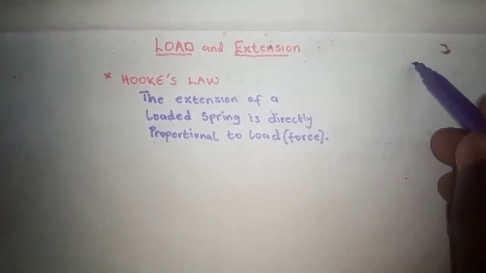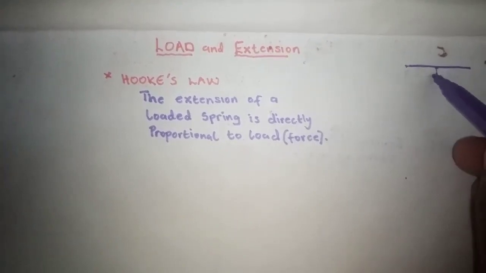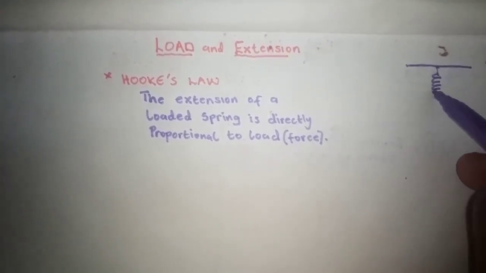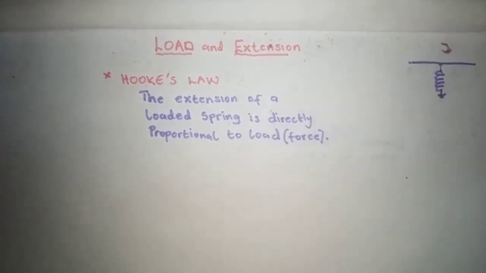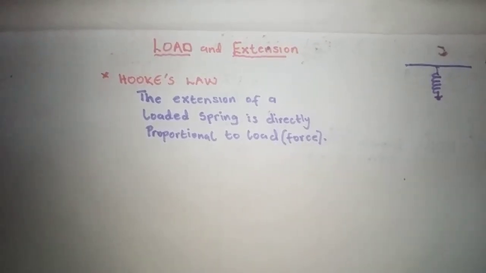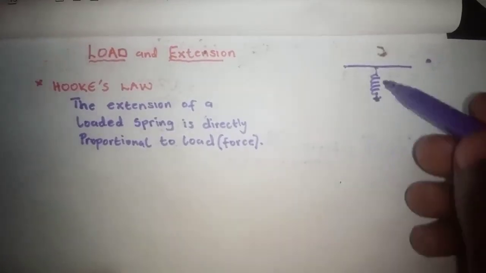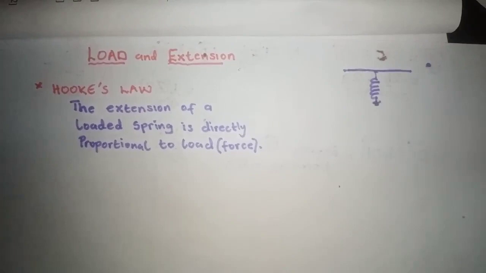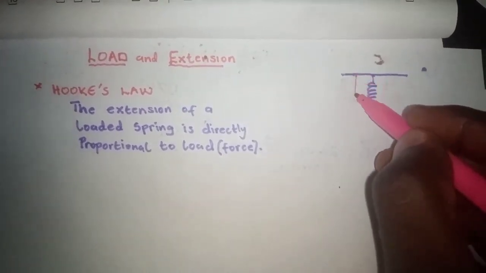Suppose you have a spring that is hanging. So this is a spring, and as you can see, it has a length. You measure the length of this spring from here up to there.